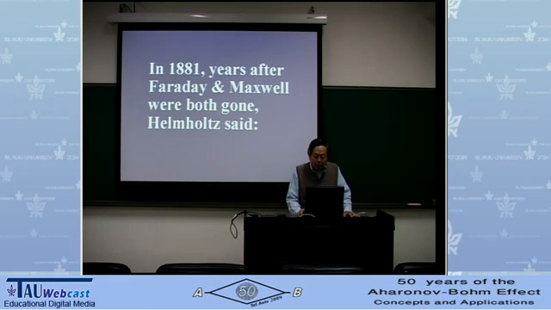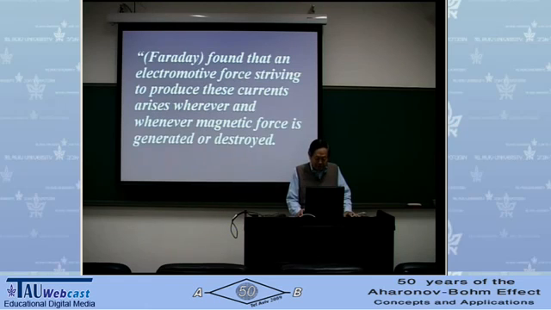In 1881, years after Faraday and Maxwell were both gone, Helmholtz had this to say: Faraday found that an electromotive force striving to produce these currents arises wherever and whenever magnetic force is generated or destroyed.